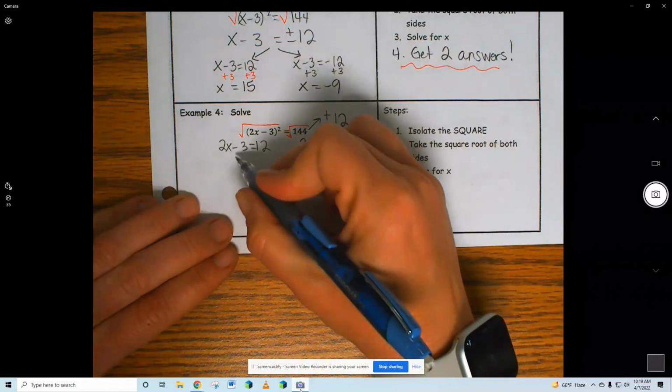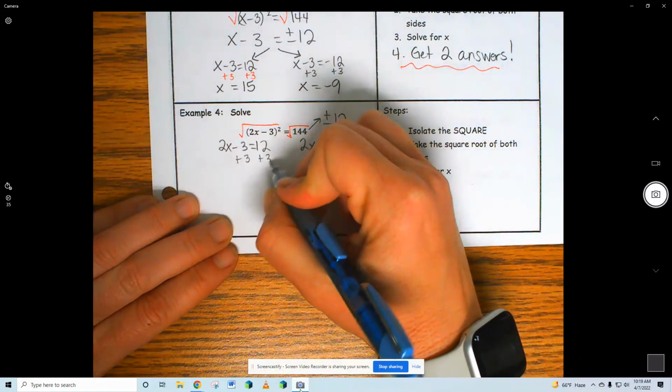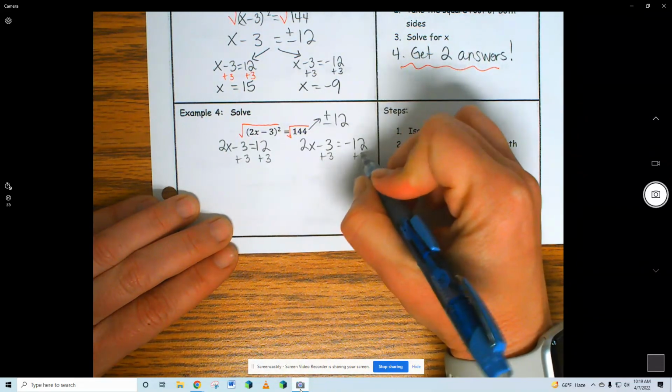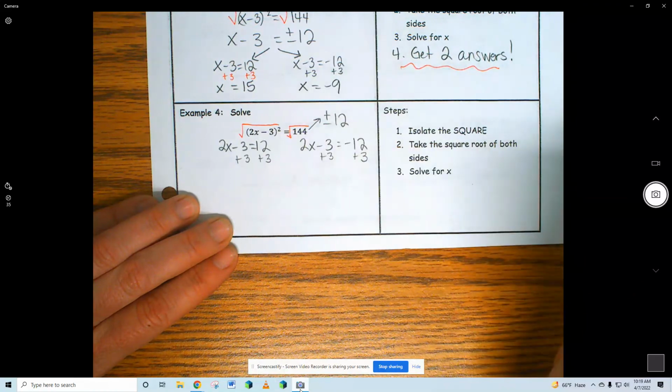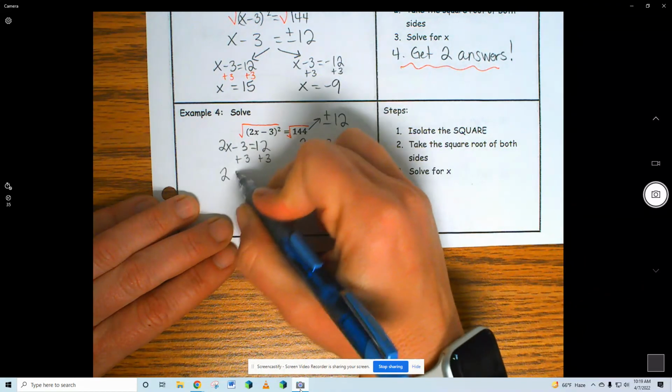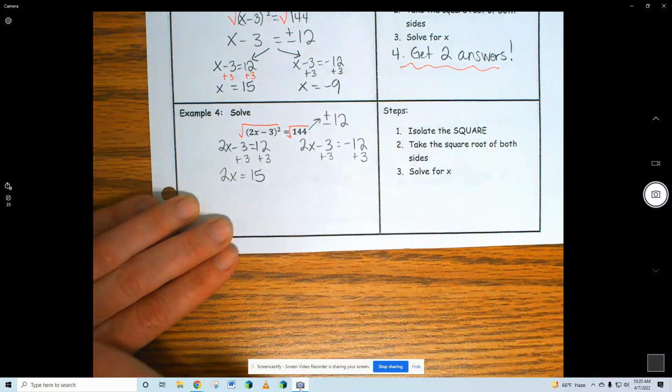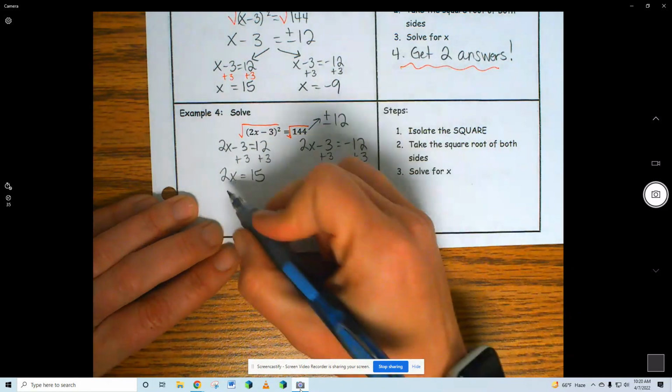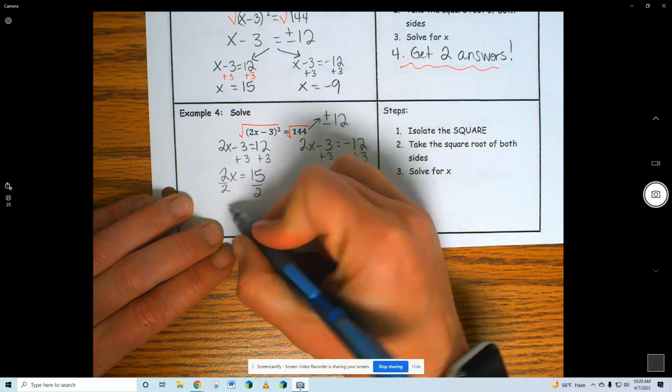All right. Add 3 to both sides. 2x equals 15. Divide by 2. My answer is going to be a fraction.